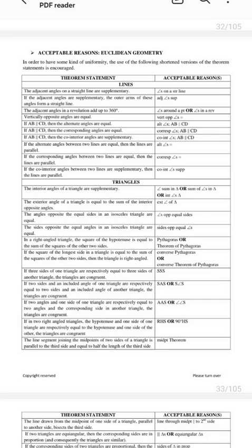The next statement, if the corresponding angles between two lines are equal, then the lines are parallel.